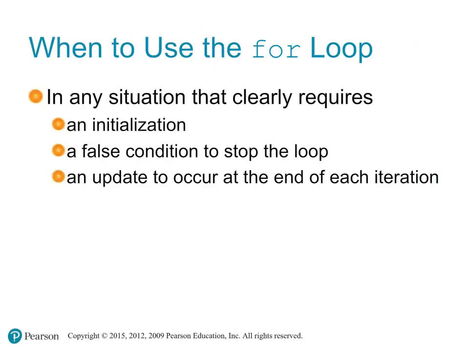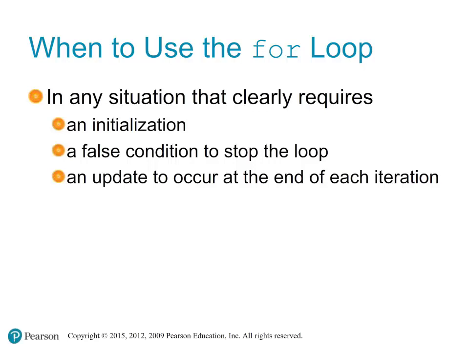If your loop requires an initial setup, such as setting a counter to a specific value, a for loop is ideal. When you have a clear condition that when false should terminate the loop, the for loop is a good choice.